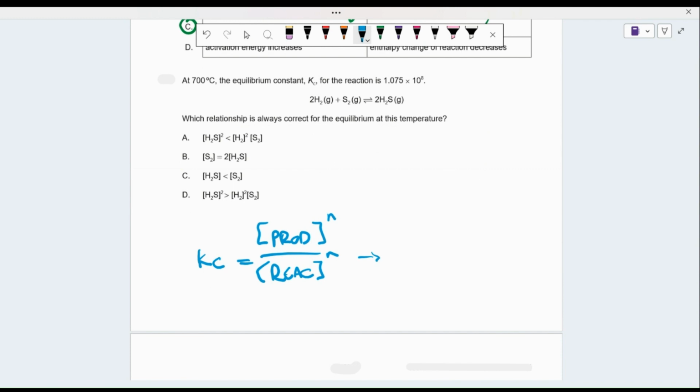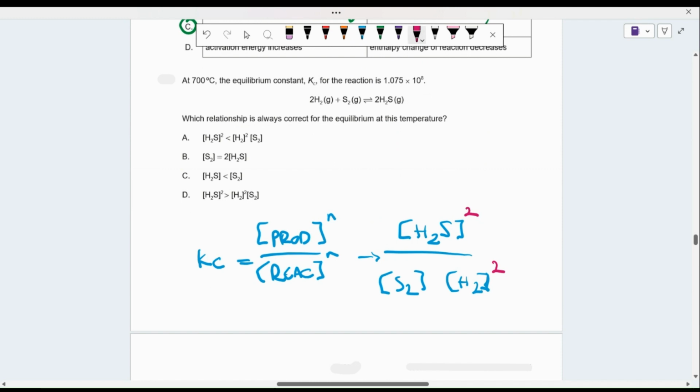So that means H2S squared over S2 and H2, and that is also squared.